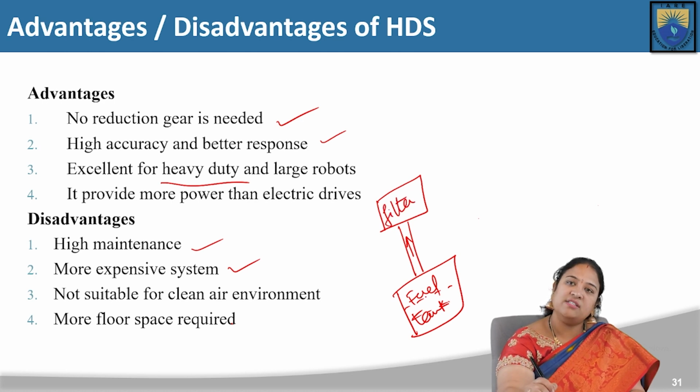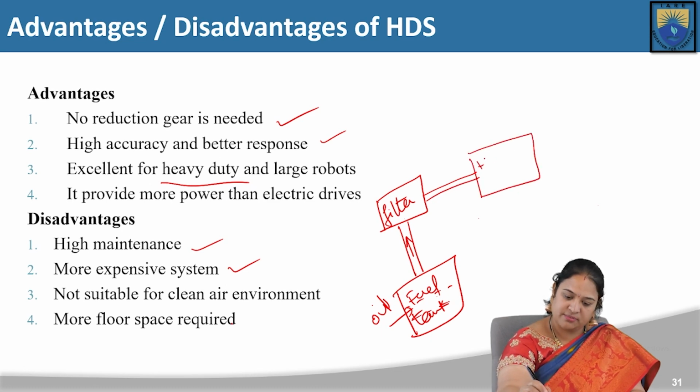The fuel we are using in the fuel tank is oil, and it may have a few dust particles present. In order to remove those dust particles and have pure oil, we filter it and send it into the hydraulic machine.